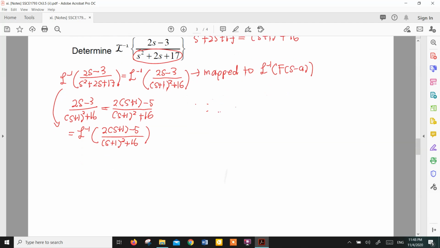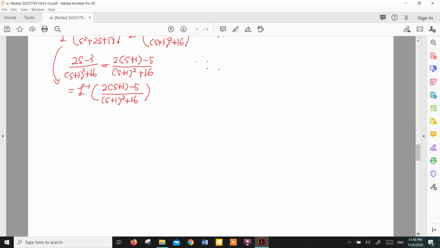Now my F(s minus a) is equal to (2(s plus 1) minus 5) over ((s plus 1) square plus 16) from this function. This is my F(s minus a) function.